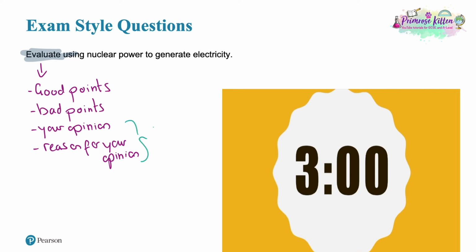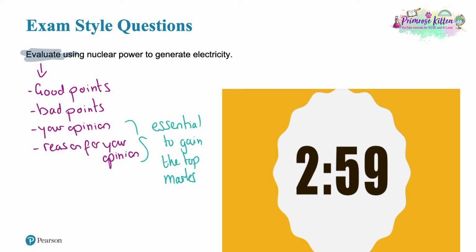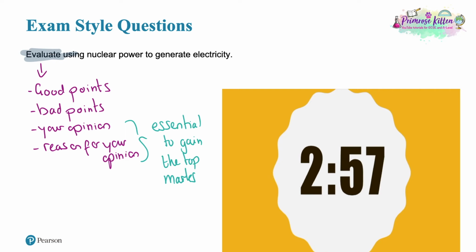And those last two bits, your opinion and the reason for your opinion, are essential for getting the top marks in this style of question. Would be a 6-mark question, although the answer I'm going to give is much longer than that, and I'm going to give you 3 minutes to try and do this yourself.